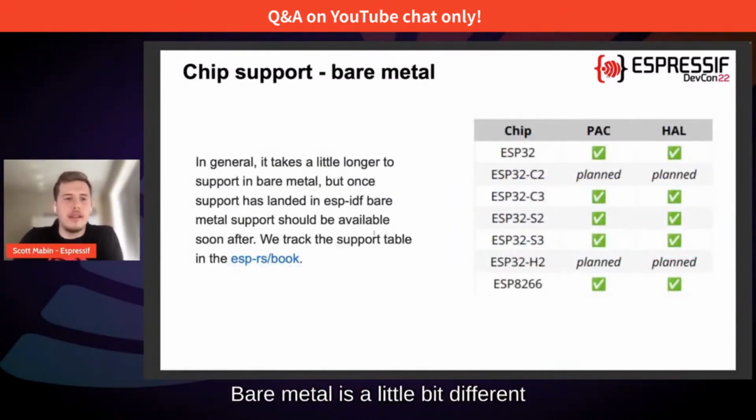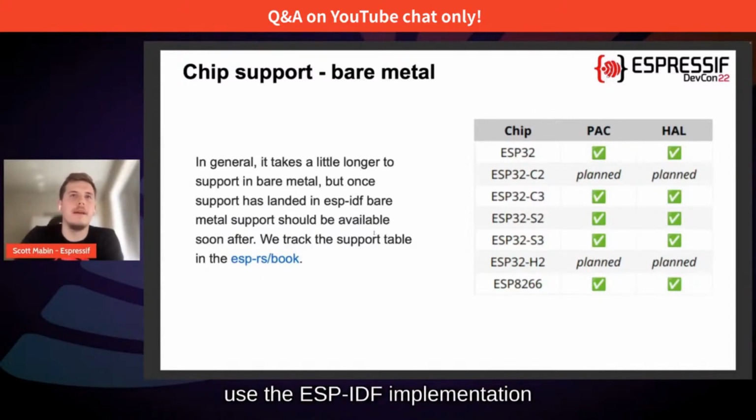Bare metal's a little bit different. I wouldn't say it was slow, but there's a few extra steps. So obviously one is we now have to write the drivers in Rust. We can't just use the ESP-IDF implementation.